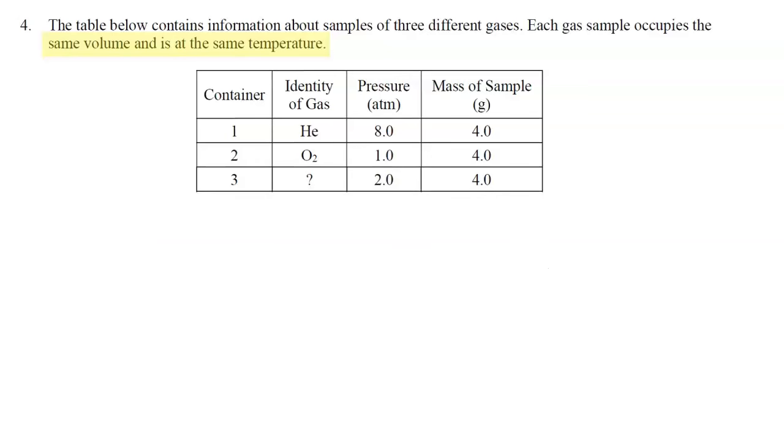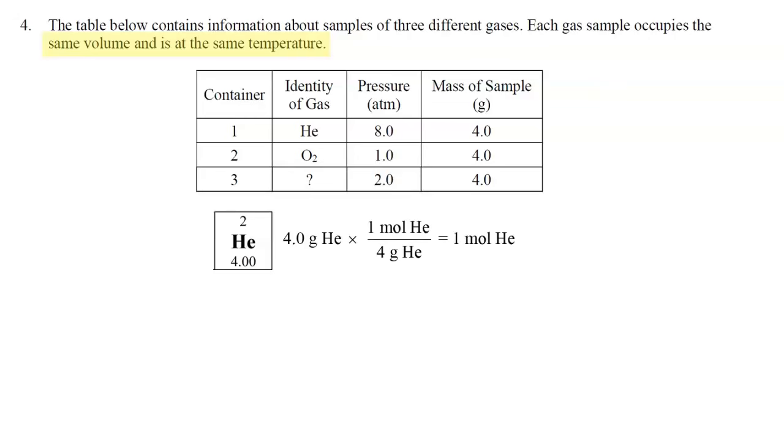So I'll start with number of moles. Each of these gas samples has a mass of 4 grams. So using the information on the periodic table, the molar mass of helium is 4 grams per mole. So if we have 4 grams of helium, we have 1 mole of helium in container 1. Now the molar mass of oxygen, O2, is 32 grams per mole.